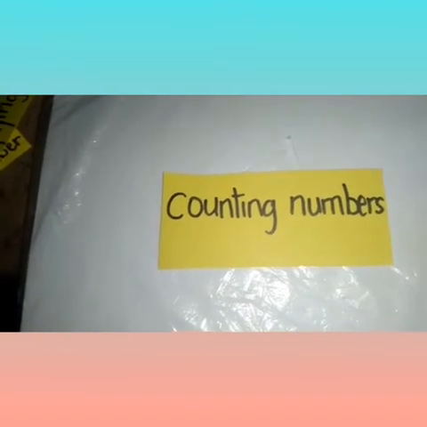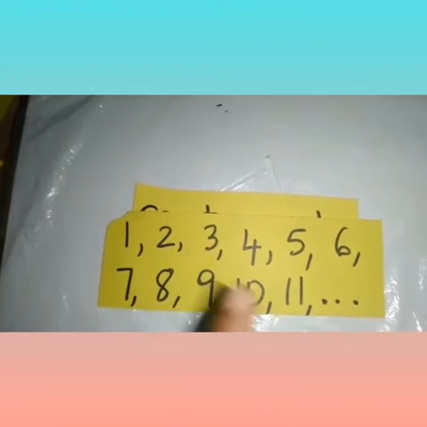Remember, counting numbers are those whole numbers that you use when you're counting, and they are 1, 2, 3, 4, 5, 6, 7, 8, 9, 10, 11, and it goes on and on. Counting numbers are infinite. You will never stop counting. Now remember, we said in order to find the multiples, we're going to multiply a number by a counting number.